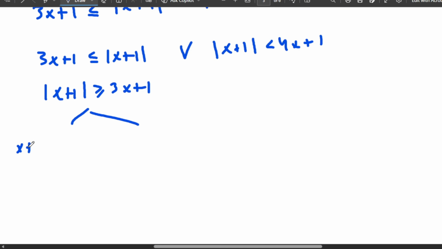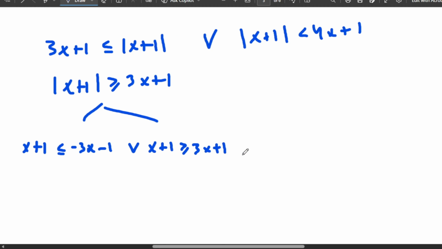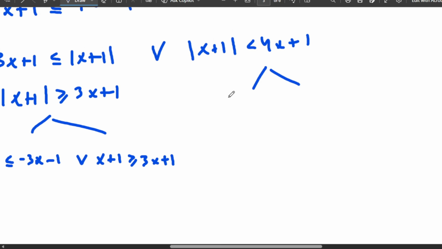We have x plus 1 less than or equal to negative 3x minus 1, or we have x plus 1 greater or equal to 3x plus 1. Okay, for this one, again, split into two.